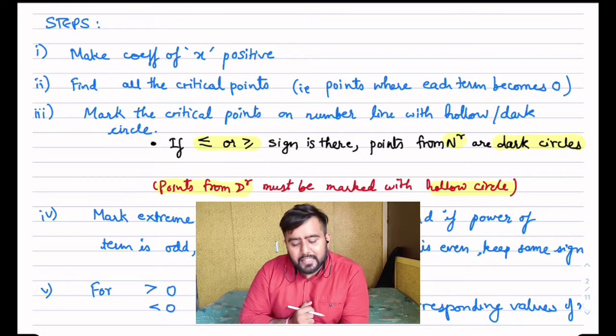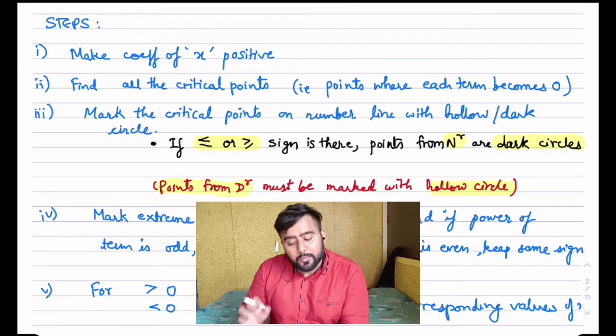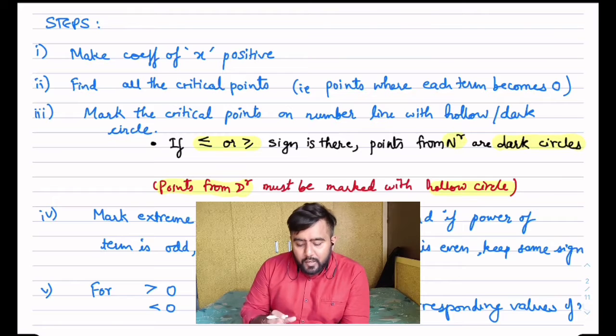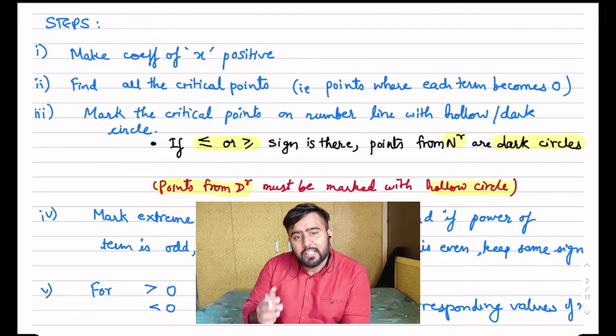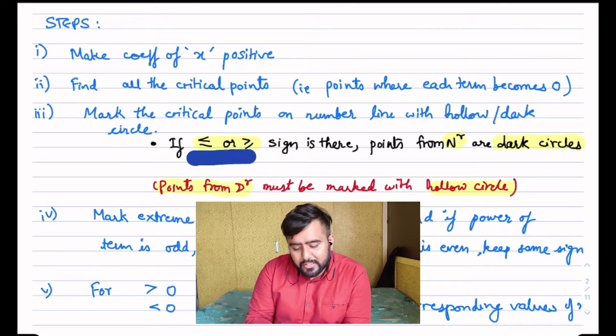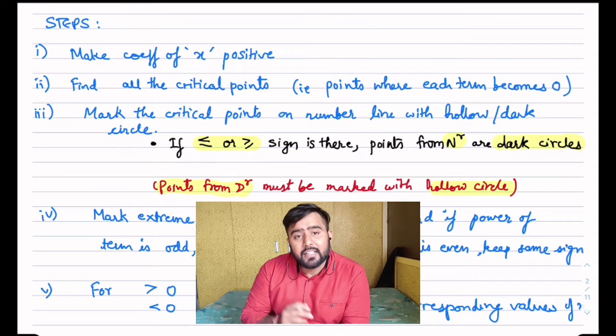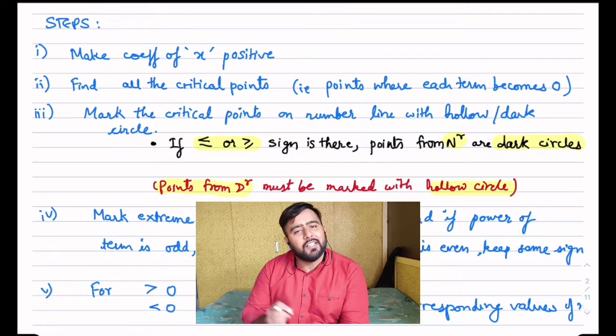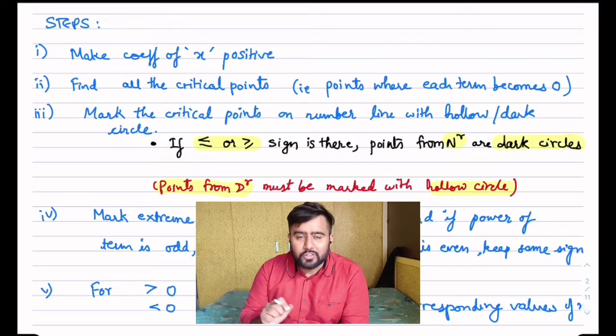The next step here is to mark the critical points on the number line with hollow or dark circles. Now, if you have a less than or equal to or greater than or equal to sign, as mentioned here, then we will mark it as a dark circle. And if we have a strict inequality, otherwise, if there is no equal to sign involved, then we'll mark the number as a hollow circle.